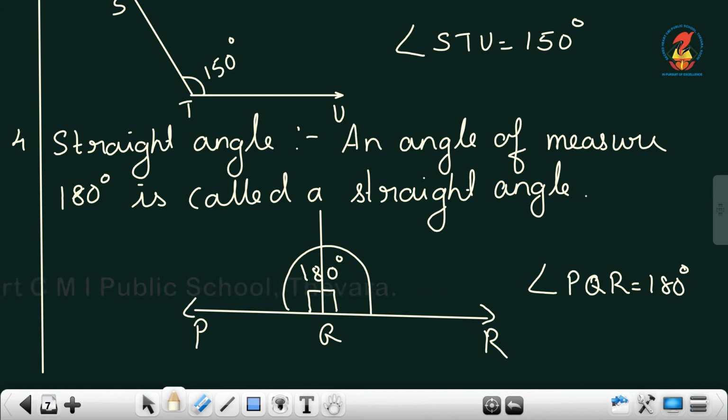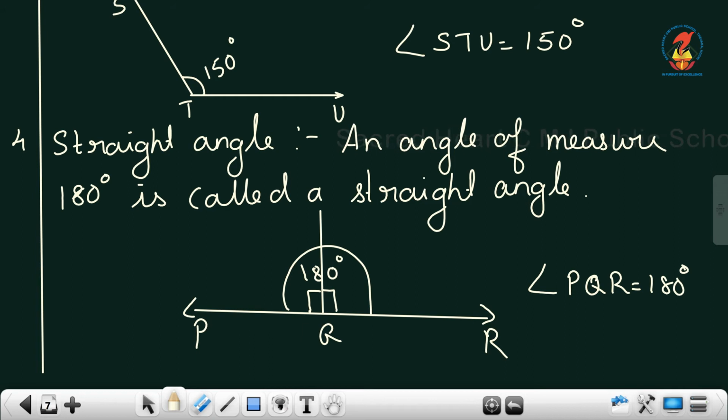Here it is 90, here it is 90. See the L shape? This is 90, this is 90. 90 plus 90, you will get 180 degree. So a straight line. An angle of measure 180 degree is called a straight angle. I have given the name angle PQR equal to 180 degree.